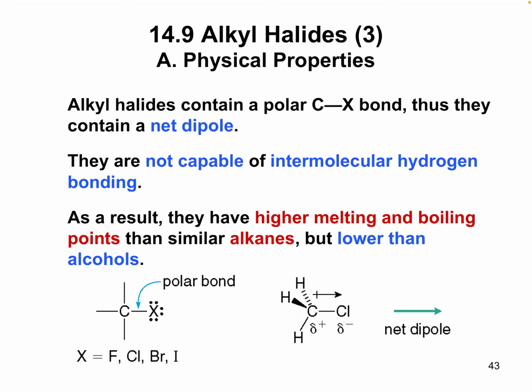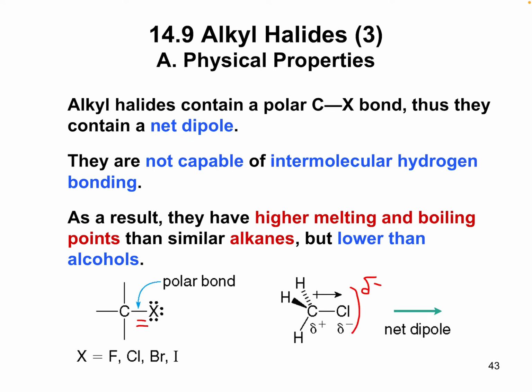Now, in a lot of ways, their physical properties are very similar to ethers. The reason why is, like ethers, they tend to be polar compounds because of the polarity of the carbon-halogen bond. The halogens are more electronegative than carbon, so we tend to have a net dipole on halides pointed toward the halogen atom.